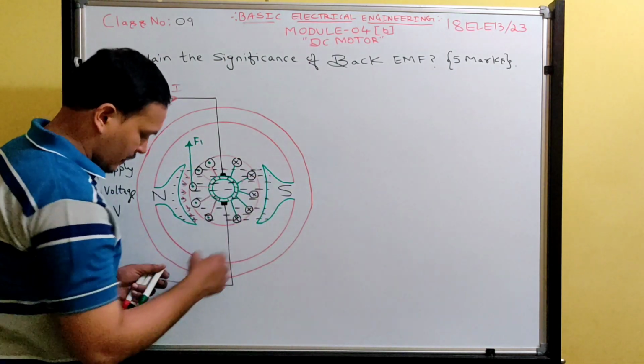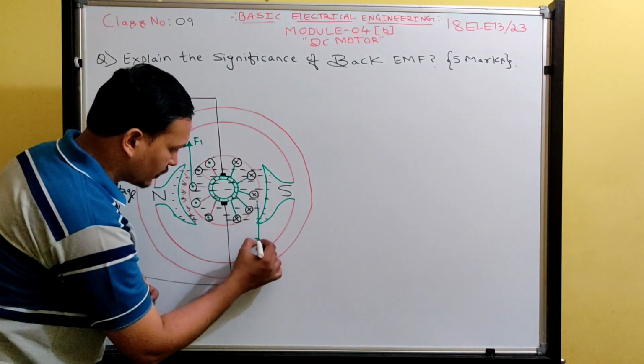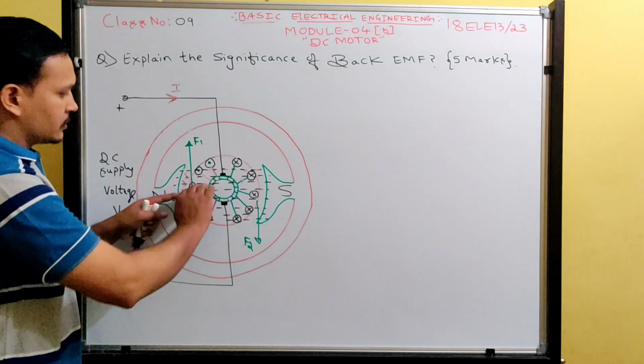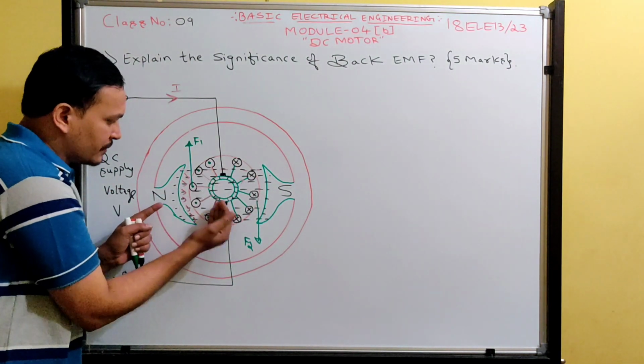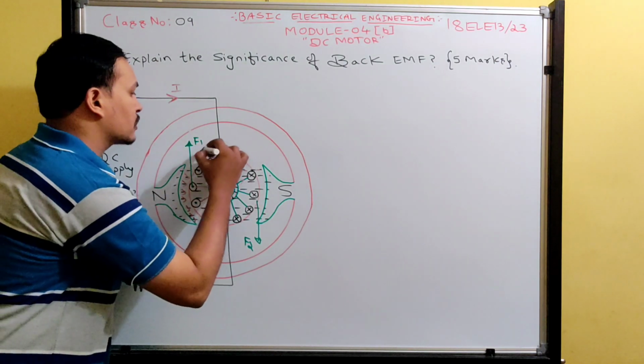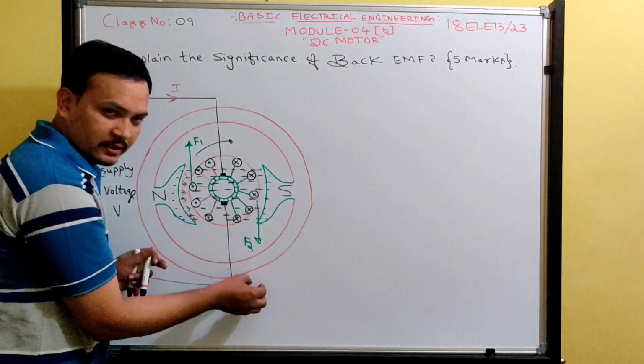And similarly, on this side also a force is experienced, and that force acts in this direction. So the conductors under the north pole push upwards, and the armature starts to rotate. And at the south pole, the force is acting like this.